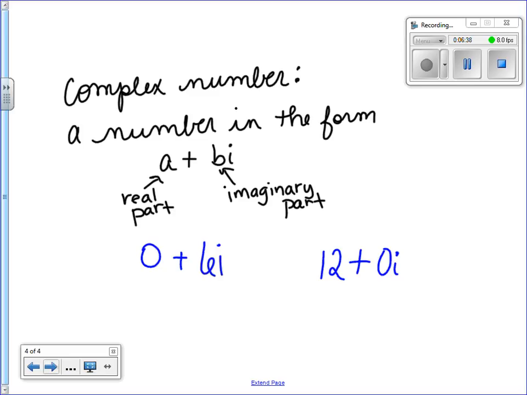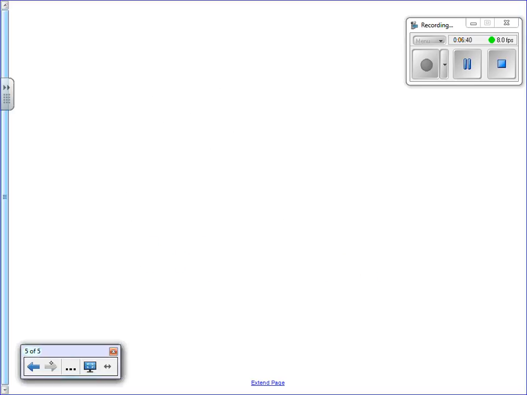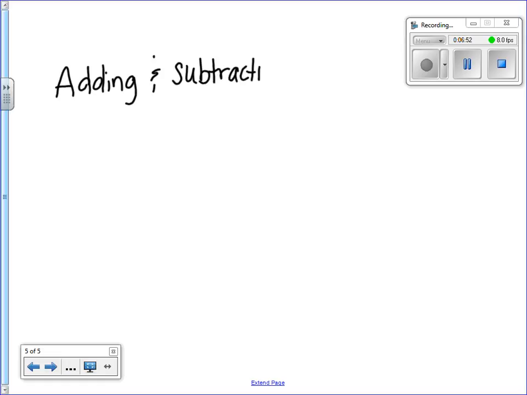Complex numbers have properties. You can add and subtract complex numbers. When you add and subtract them, you add and subtract the real part to the real part and the imaginary part to the imaginary part.